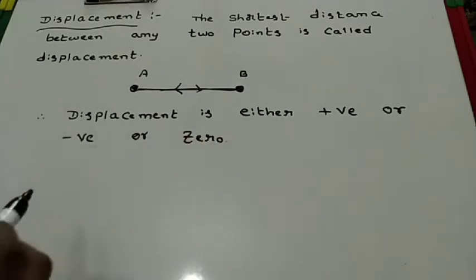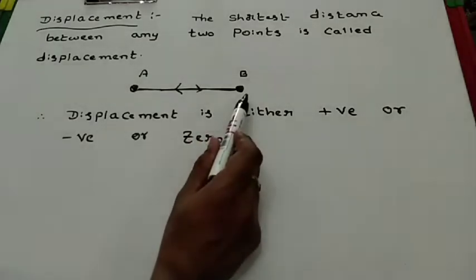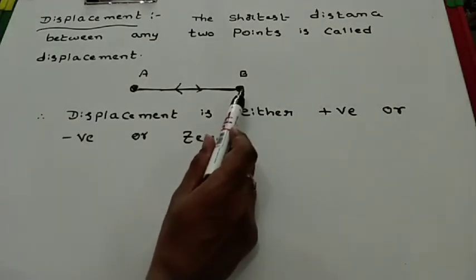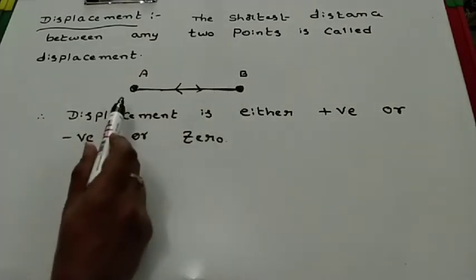If a particle moves from A to B, that is positive displacement. The same particle moving from B to A has negative displacement.